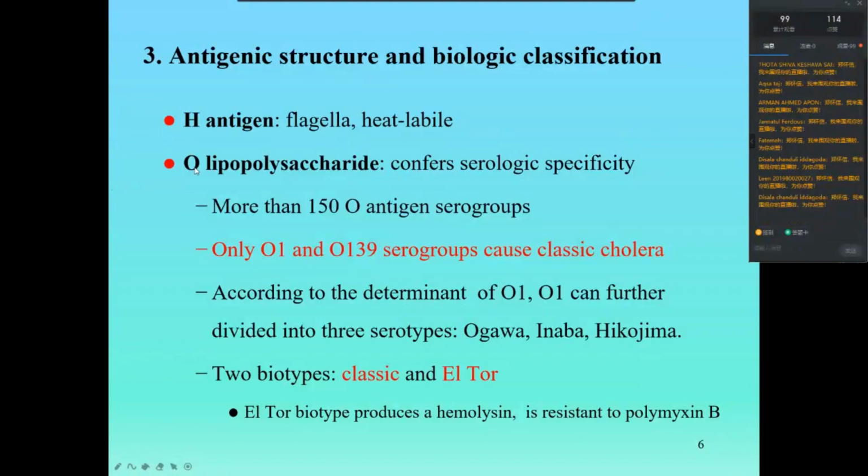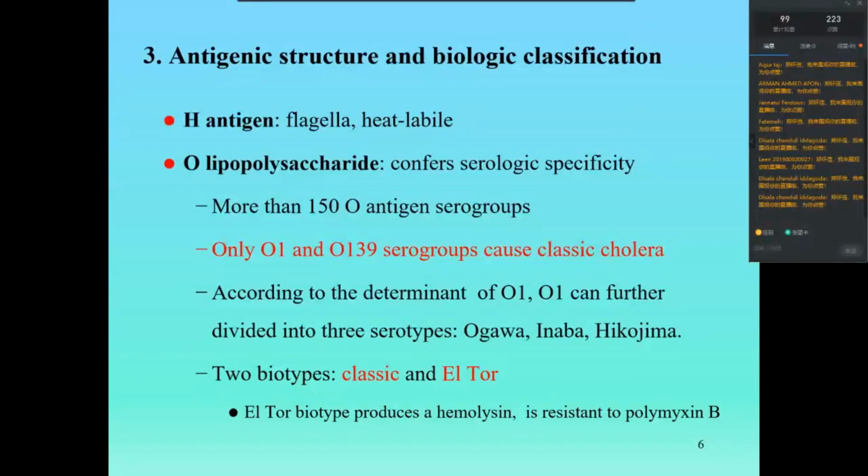And another one is the O antigen. For Vibrio cholerae, the O antigen is very important. The O antigen comes from the specific polysaccharide on the very outer layer of LPS, and that confers serologic specificity.